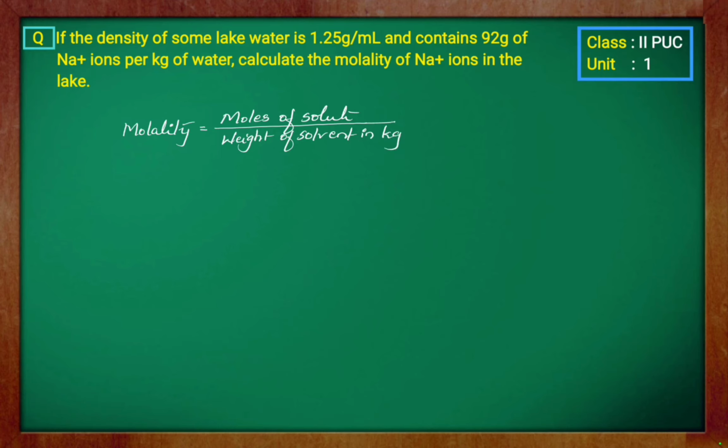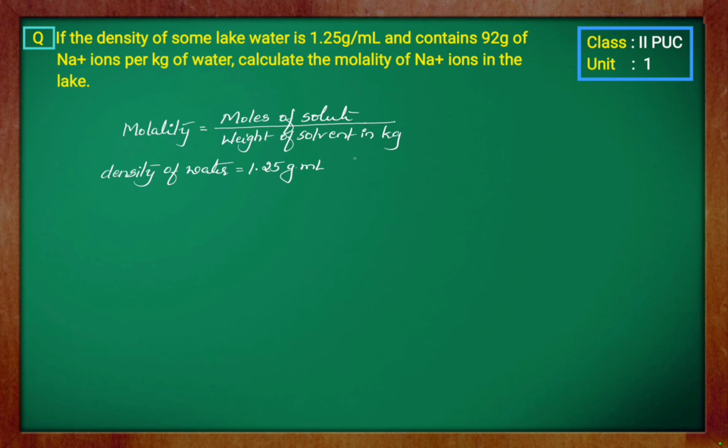So here we need to find out number of moles of solute to substitute into the formula for molality. So they have given us density of water, which is equal to 1.25 gram per ml.